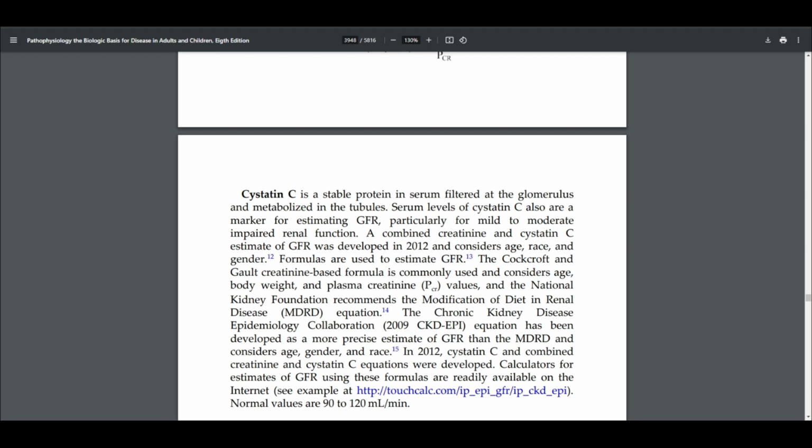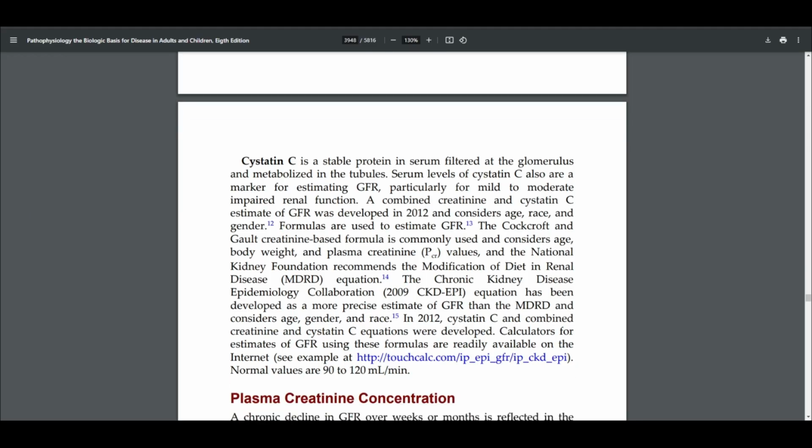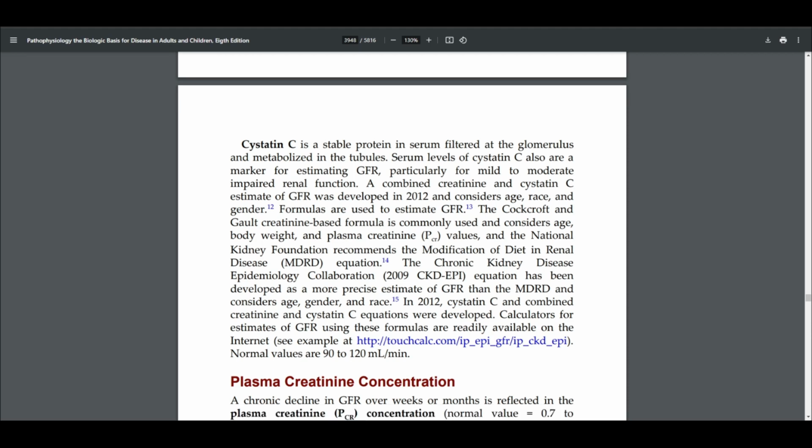The chronic kidney disease epidemiology collaboration equation has been developed as a more precise estimate of GFR than the MDRD and considers age, gender, and race. In 2012, cystatin C and combined creatinine and cystatin C equations were developed. Calculators for the estimates of GFR using these formulas are readily available on the internet, and normal values are anywhere between 90 to 120 ml per minute.